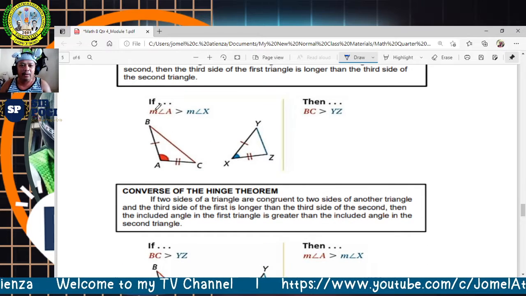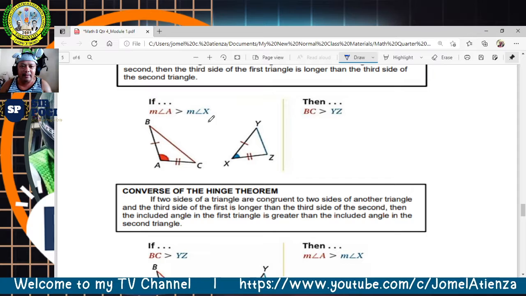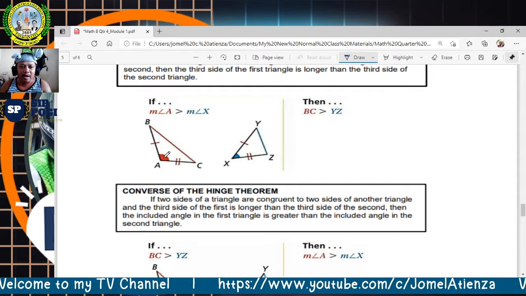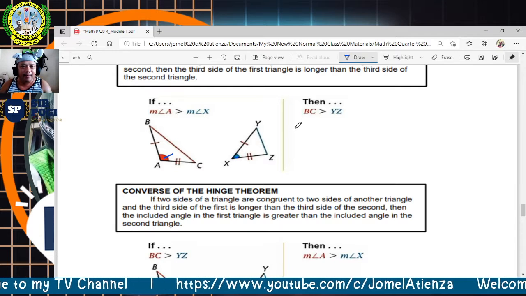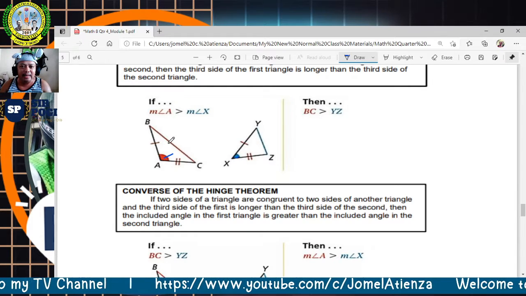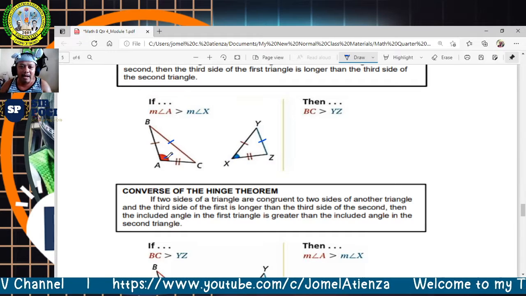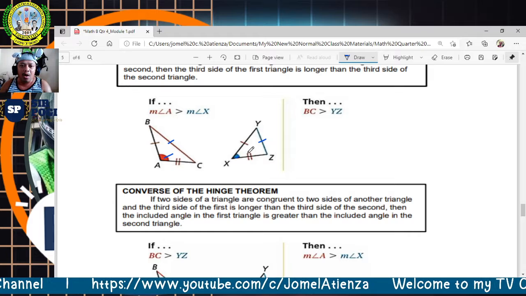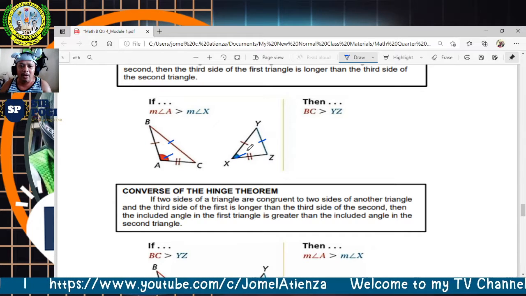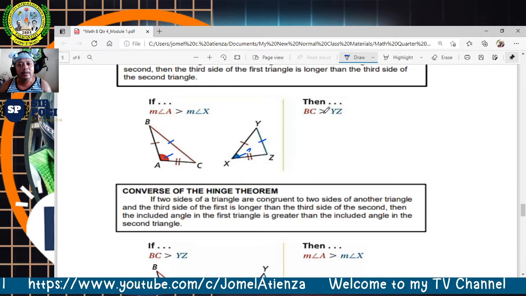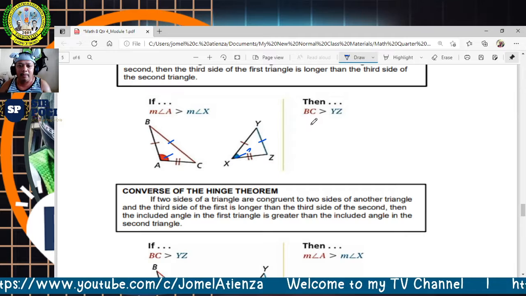For example, if the measure of angle A is greater than the measure of angle X, then we can say that BC is greater than YC, the opposite side of the angle. Okay? The opposite side.